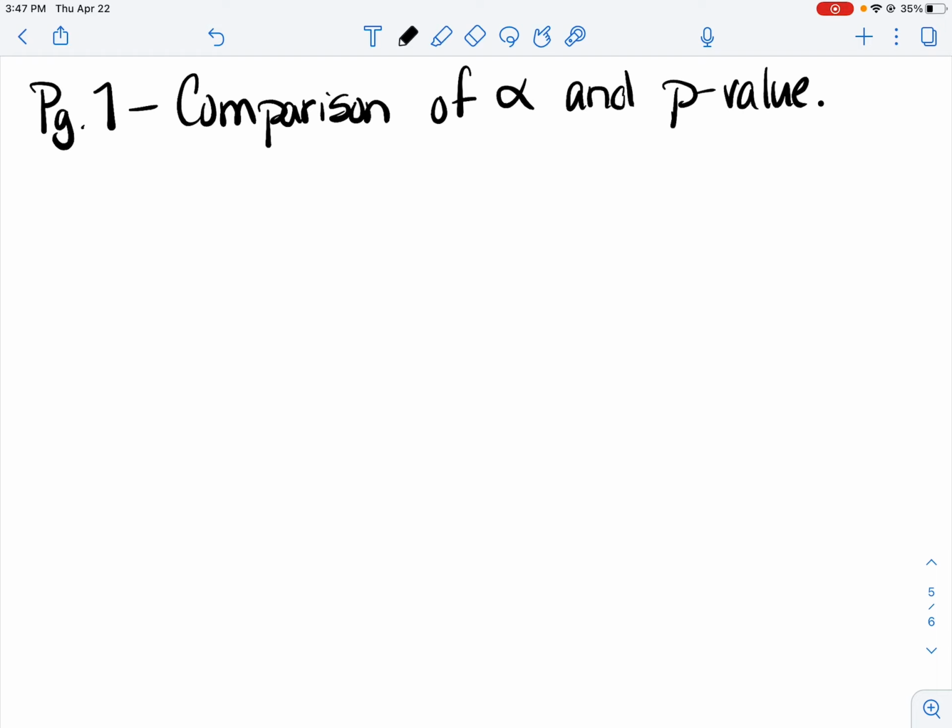With the p-value approach, the only thing I expect you to know is this. If our p-value is less than alpha, then reject the null hypothesis.